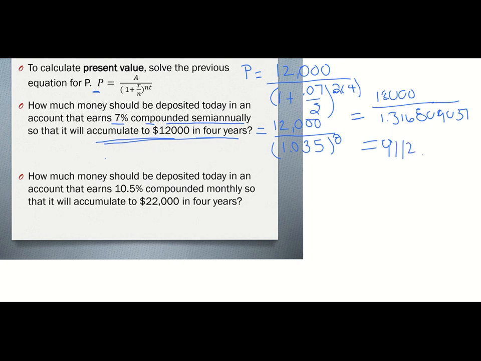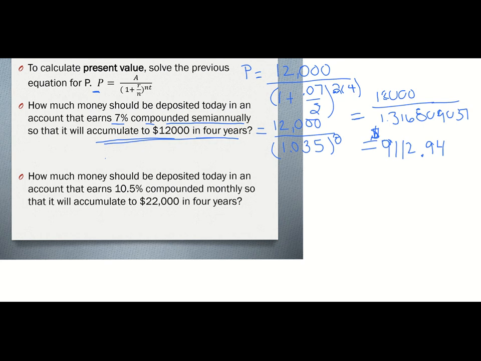And here, we talked about this in 8.3. Whenever you're finding principal, you always want to round the dollar amount up, no matter what, to make sure you have enough. So it's 0.938, but we're going to make it 94 cents. And this one naturally rounded up. But whenever you find P, you always want to round your dollar amount up. So in order to have $12,000 in 4 years, I need to put in $9,112.94.